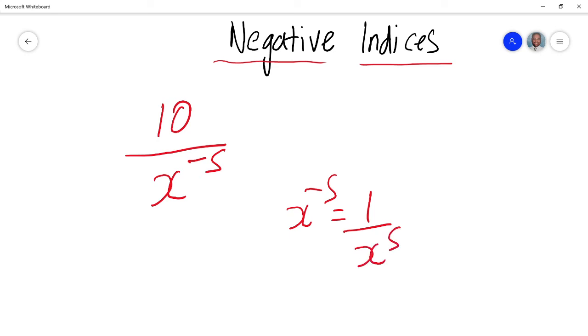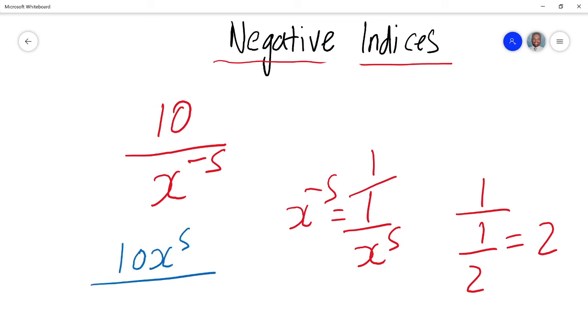Now we want to put that up there. It's the same as, suppose I got 1 over 2, that's the same as 2. So 1 over x to the power 5 becomes x to the power 5, and that explains why the answer now becomes 10 x to the power 5. So that's how we convert negative indices to positive indices.